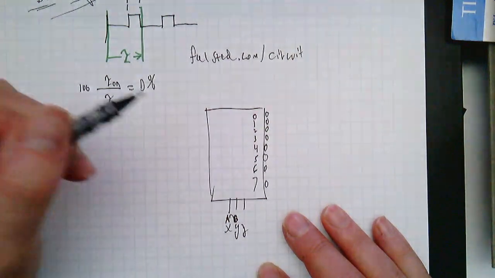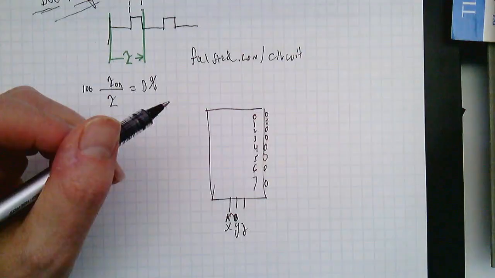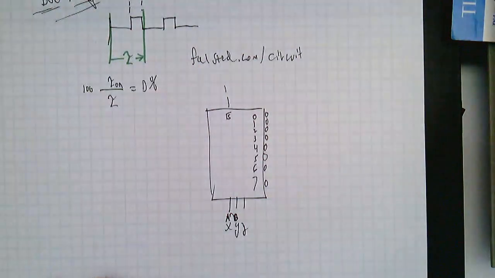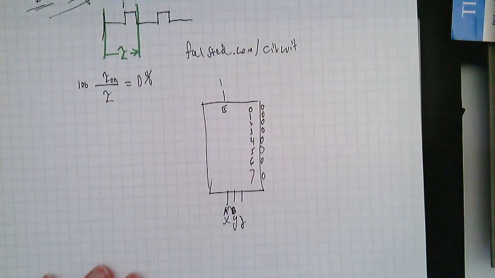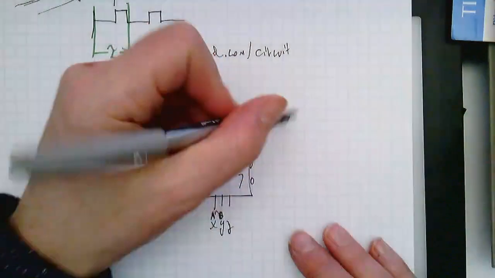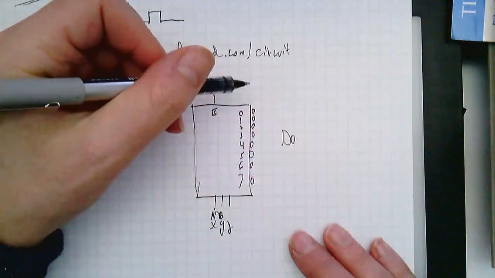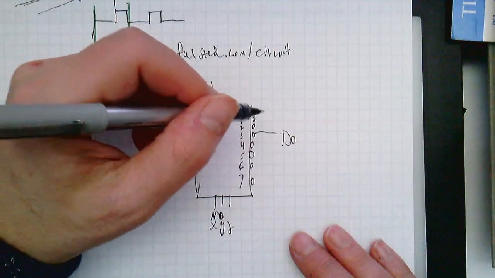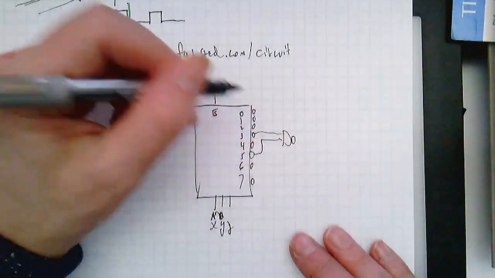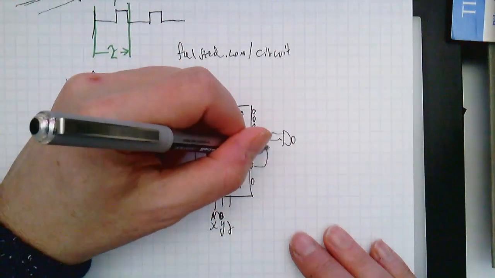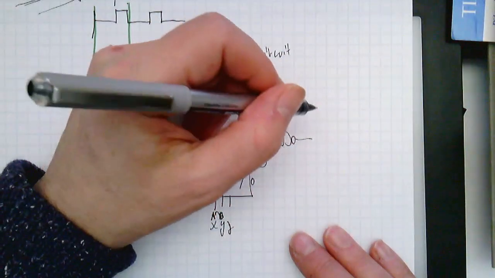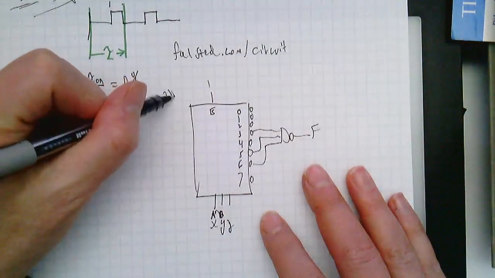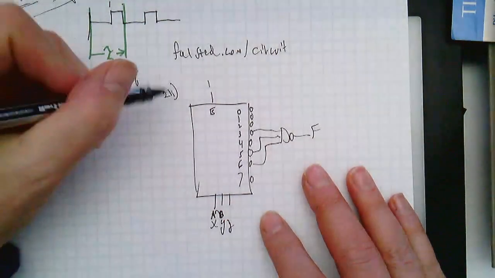XYZ. And what else is in this thing? Oh, there's an enable. What else do we need to know? Oh, there's an AND gate here. 3, 5, 6. Output is F. I think that captures number 24.